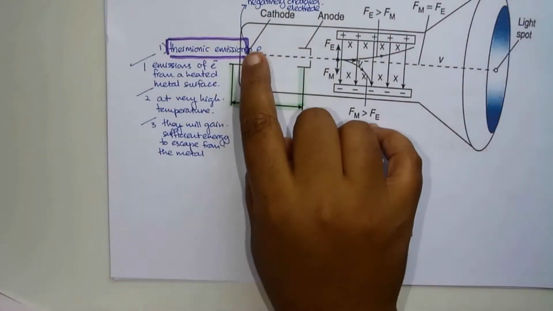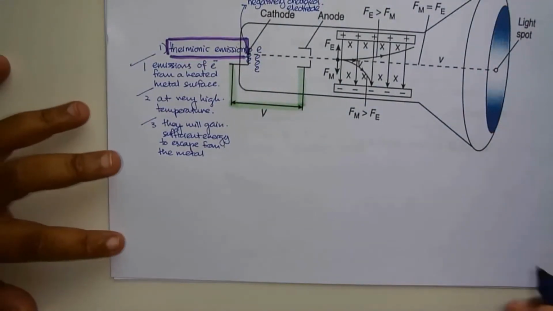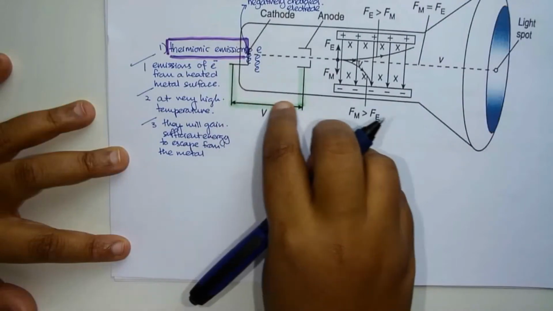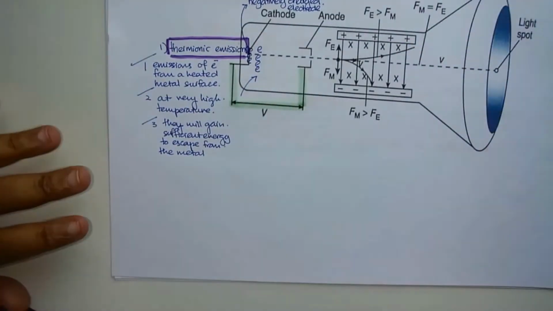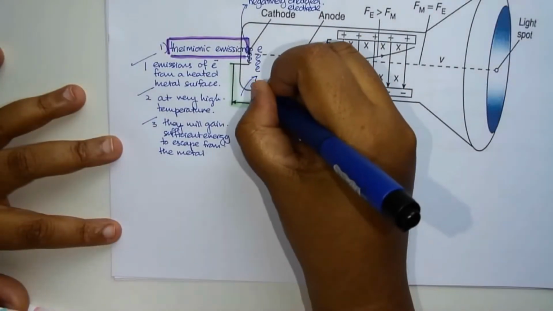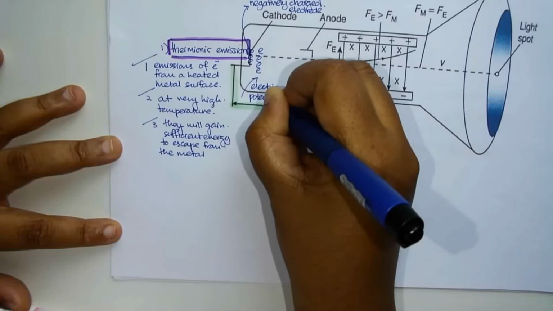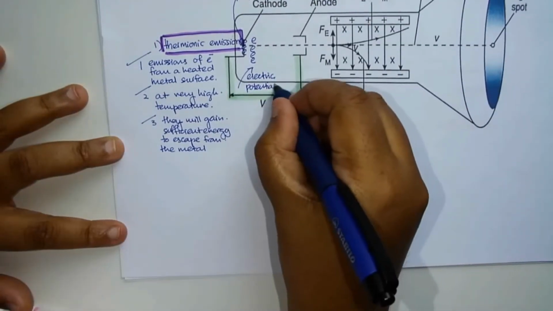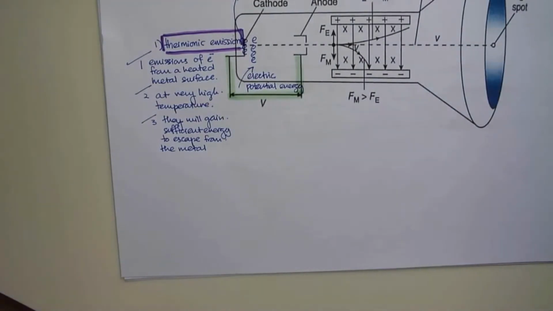So the electrons will be supplied with electric potential energy.